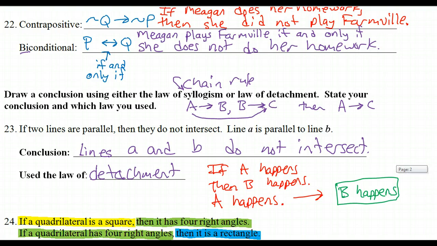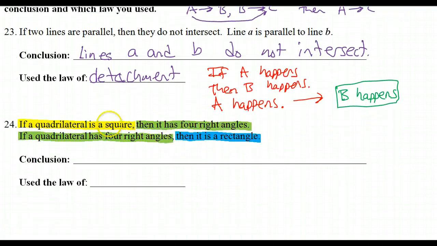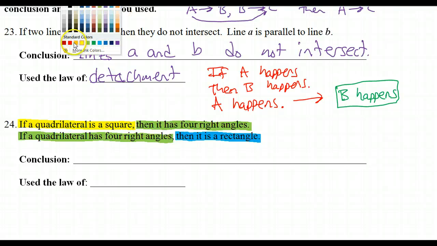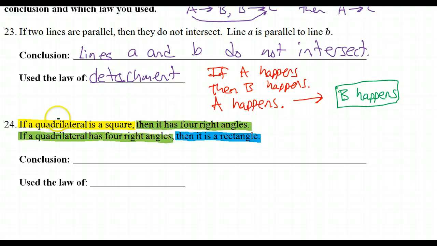So for this particular problem, this is our A, and this is our B, and this is B again, and this is our C. So A leads to C. So the conclusion should be, if a quadrilateral is a square, then it is a rectangle.